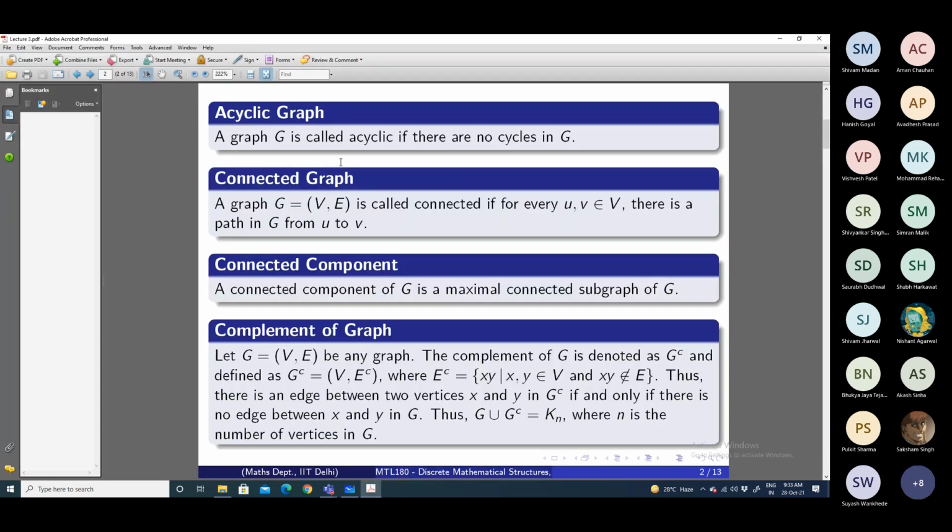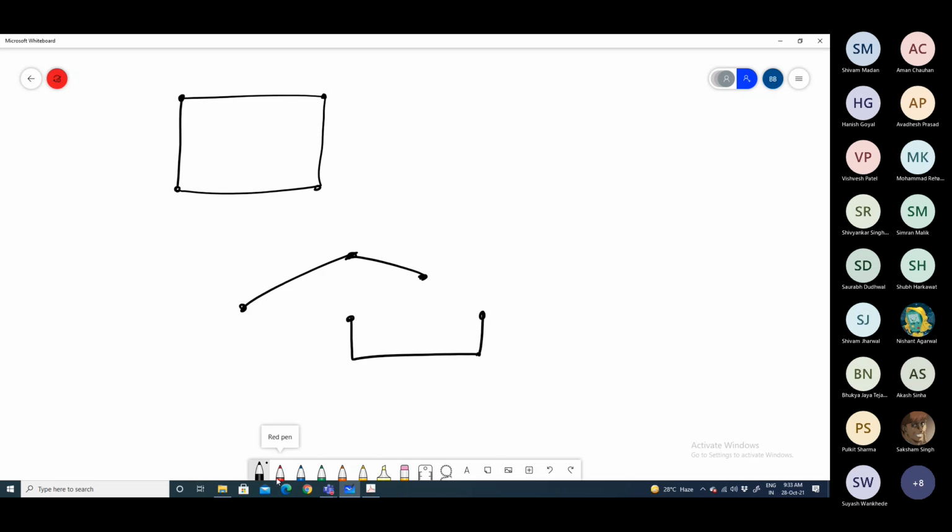Now what is a connected graph? You already know the notation and the definition. A graph is called connected if for every pair of vertices U, V, there is a path in G from U to V. For example, the first graph is connected because if you choose any two vertices, you have a path.